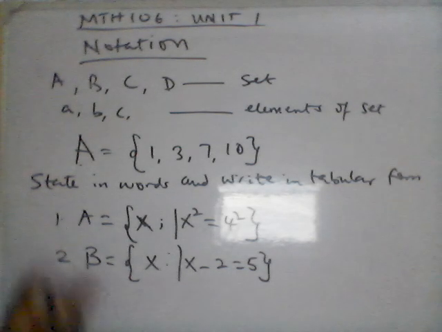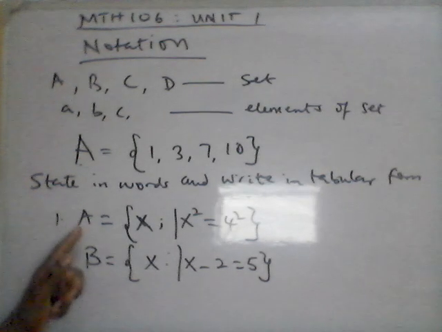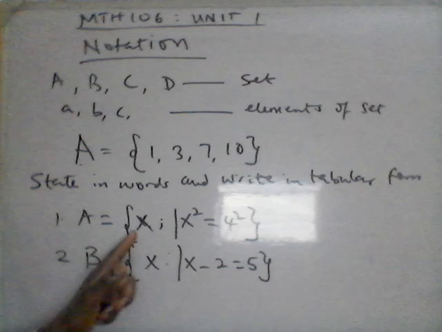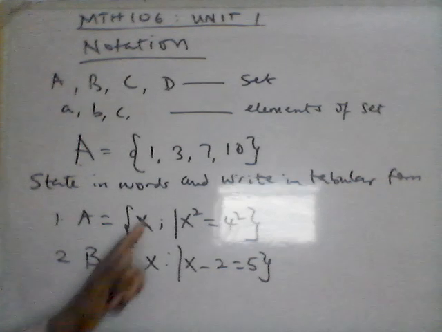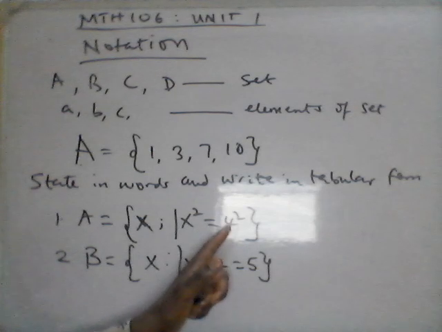Okay, but I will just quickly say that A reads, A is the set of X such that, this line here means such that, X squared is equal to 4.